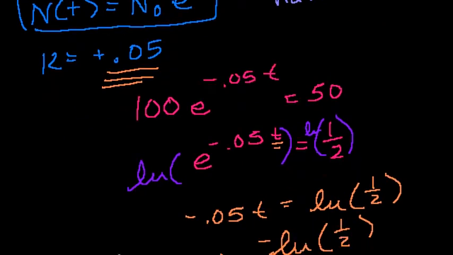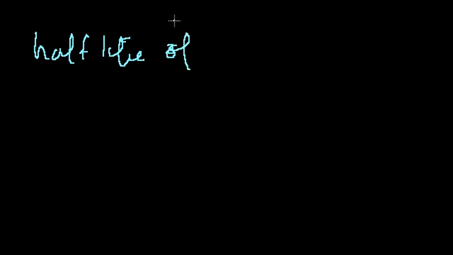Let's do one more of these problems just so that we're really comfortable with the formula. Let's say I have something with a half-life of, I don't know, 1 month. Actually, for the sake of time, let me make it a little bit simpler.